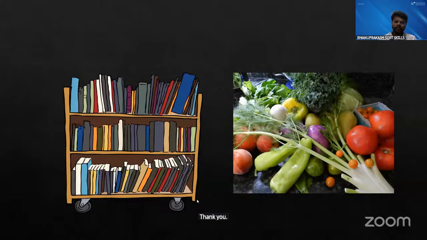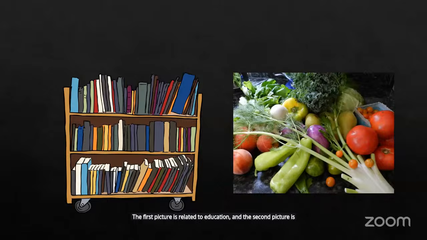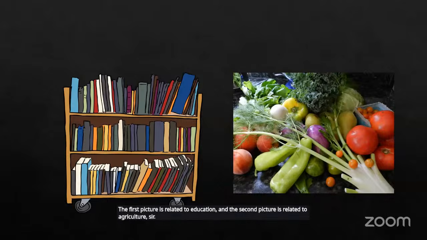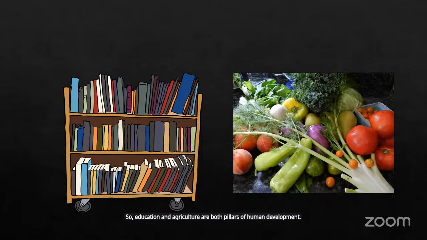Yes, sir. The first picture is related to education and the second picture is related to agriculture. Education and agriculture are both pillars of human development. Education guides people towards a better future, while agriculture provides the basic need of food.